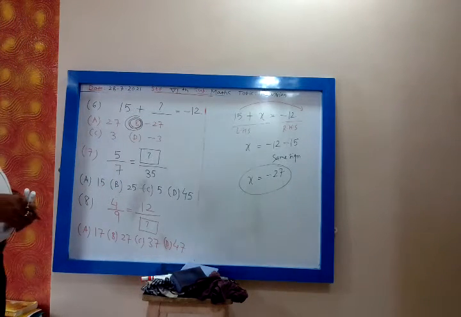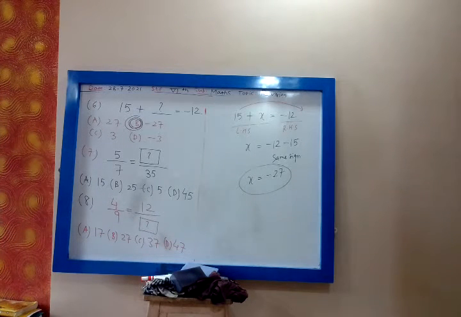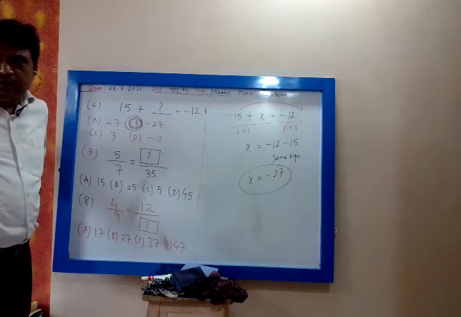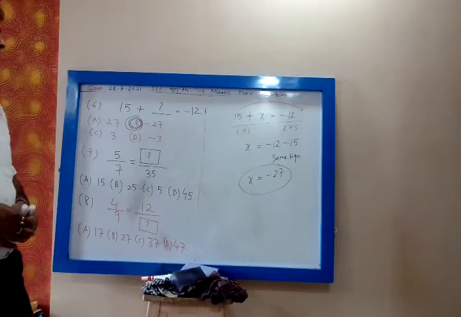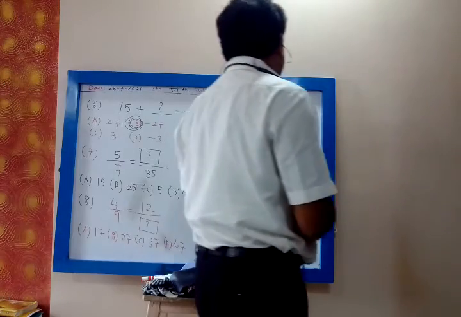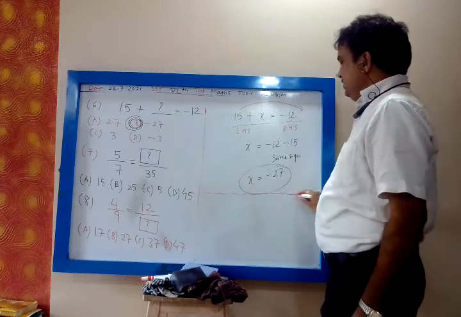Sixth answer is? Next one, what is the answer? 25. Chalo, roll number 27, division D. What is your answer? Roll number 27, division B. My dear, this is remedial class.